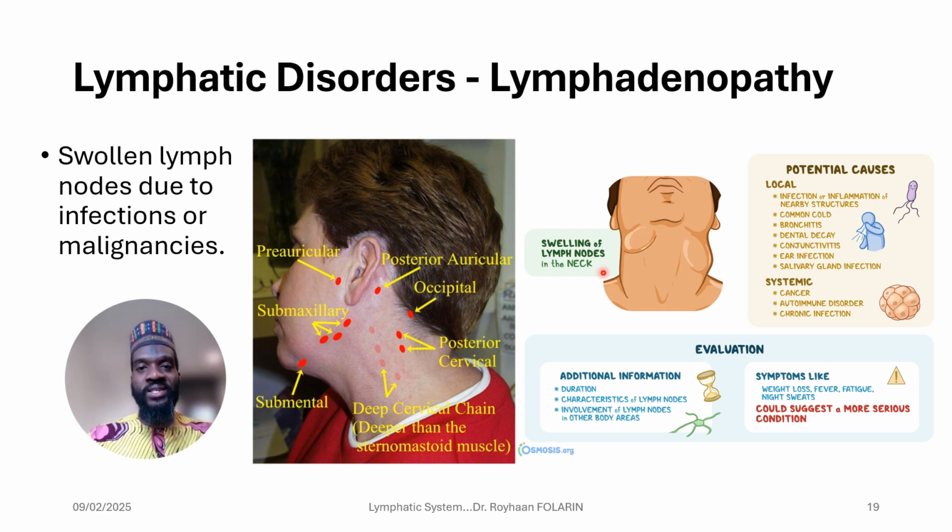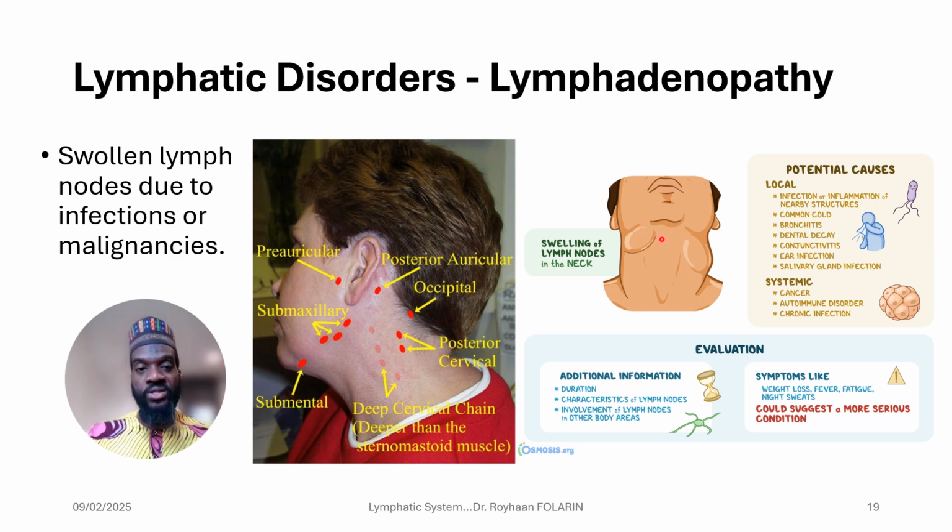So when you find tender mobile nodes, it usually suggests infection if it's soft and tender. But if it is hard and looking fixed, such nodes may indicate malignancy. So understanding the lymph node changes is usually crucial for diagnosis and for identifying the underlying condition.